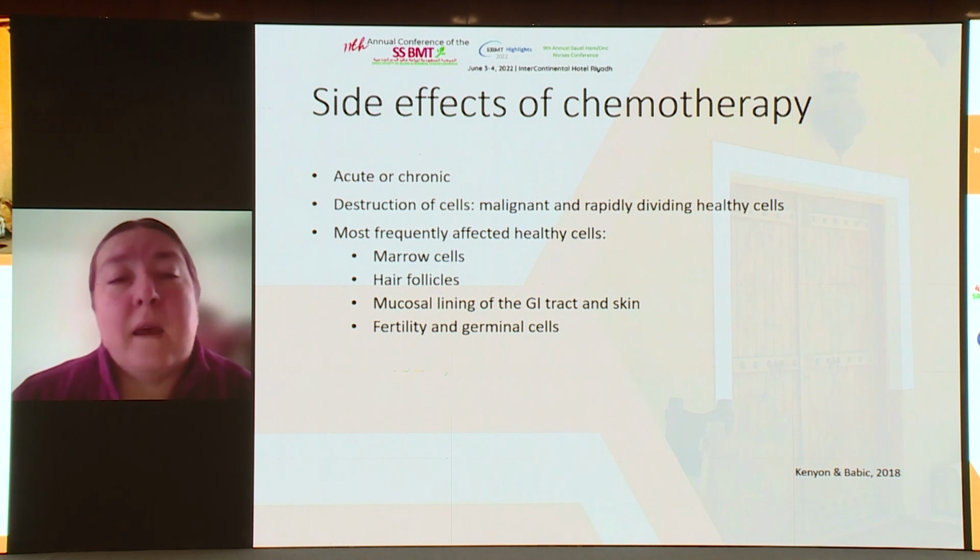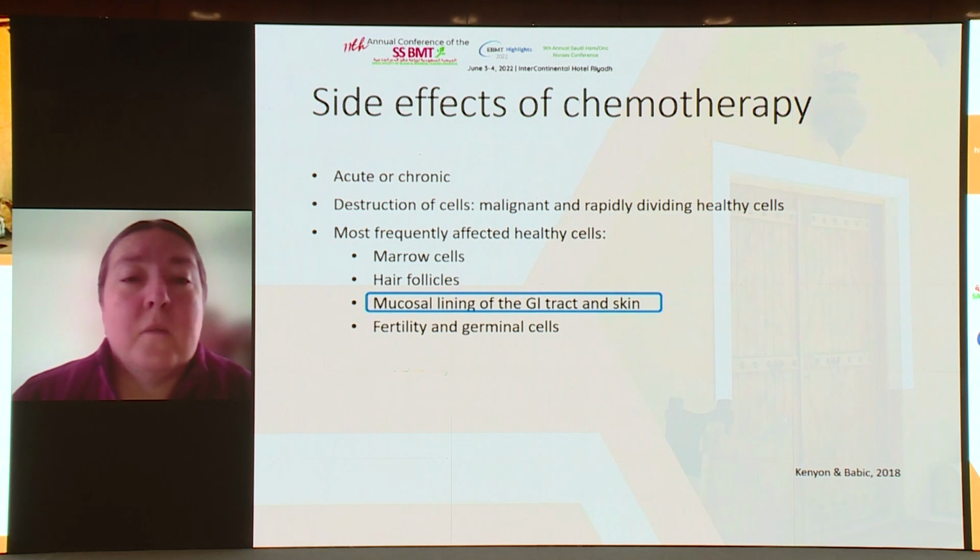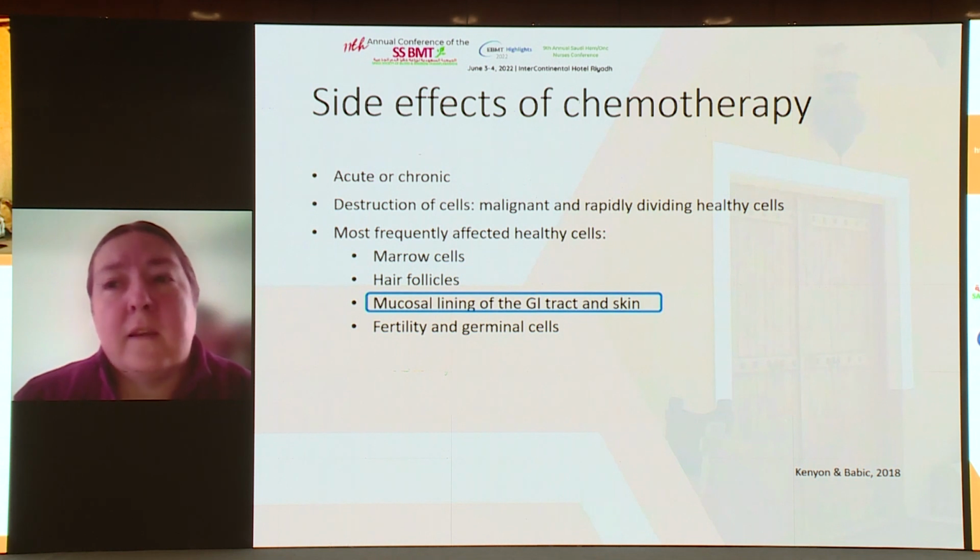Most frequently affected are the marrow cells, of course, the hair follicles, the mucosal lining of the GI tract and the skin, and the fertility and germinal cells. And here I would like to point mostly to the mucosal lining of the GI tract and skin, because here we have the high side effect of infections that can occur to the patients.